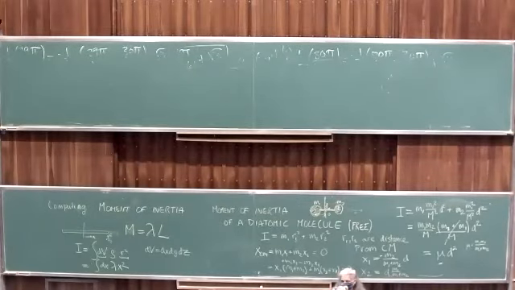And later on, when we start talking about thermal energy, you'll see the transitions when the energy associated with rotation matches kT, where k is the Boltzmann constant and T is the temperature.